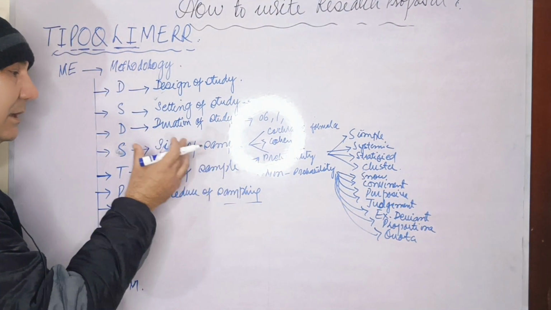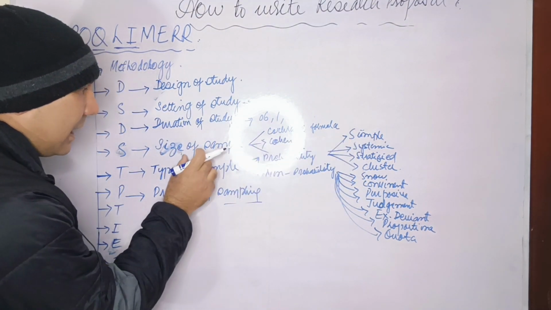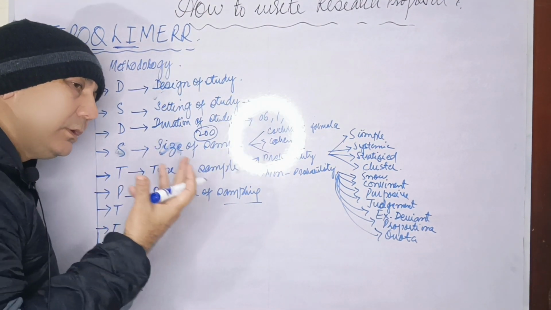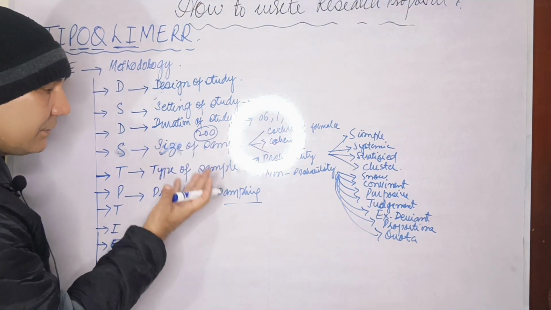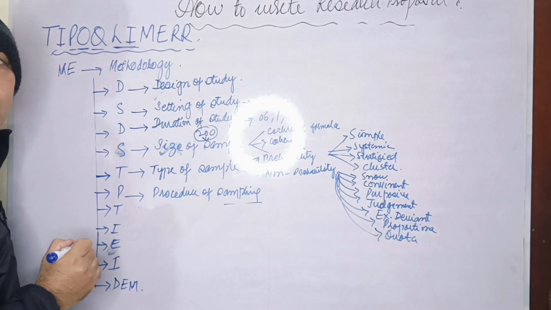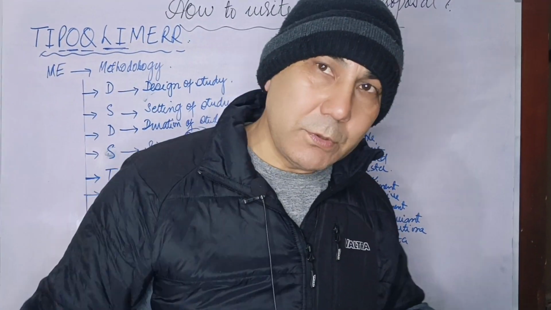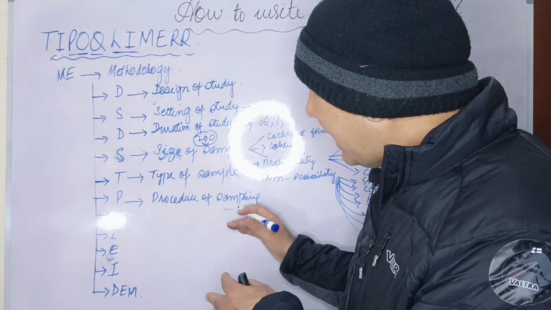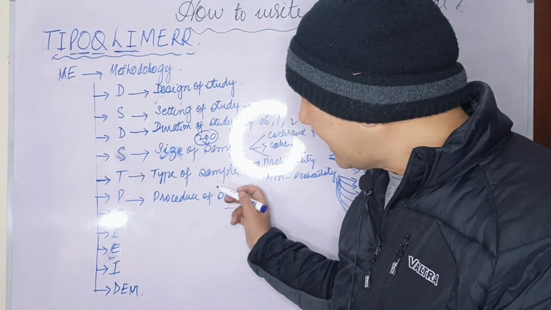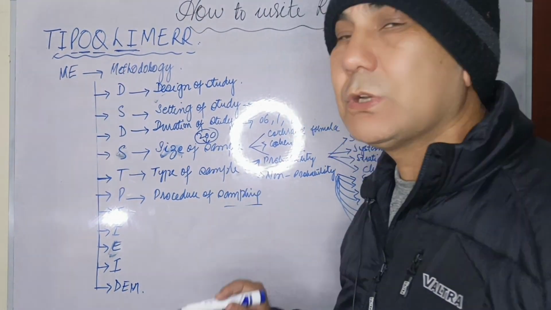Sampling means non-probability or probability sampling, random sampling, while you are collecting these 200 samples. Which technique will you use to select these 200 pupils, 200 students? Then you will say that I will put the token, I will take the random number from the register, from the roll number. You will explain the technique in the procedure of sampling.